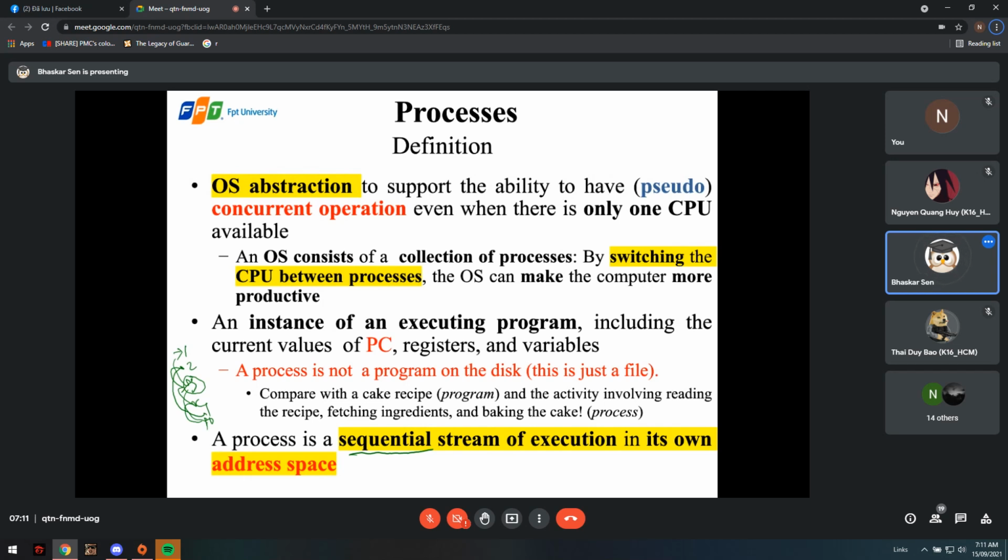But the CPU, as long as it is executing that particular process, must be within that program's own address space, even on RAM. Okay, so that is what it means.